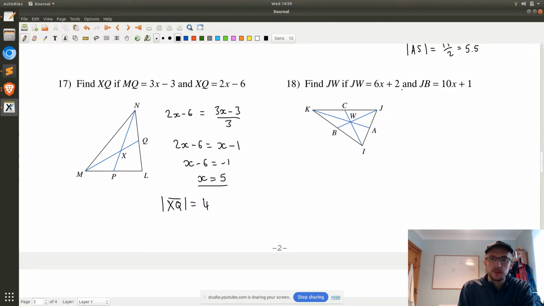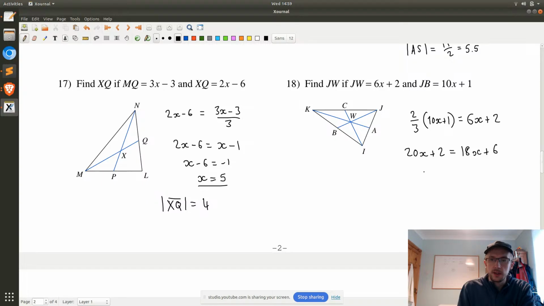Find JW if you're told JW is this, and you're told that JB is this. So in other words, you're told that 2/3 of 10x plus 1 is equal to 6x plus 2. So now times across, so 20x plus 2 is equal to 18x plus 6.